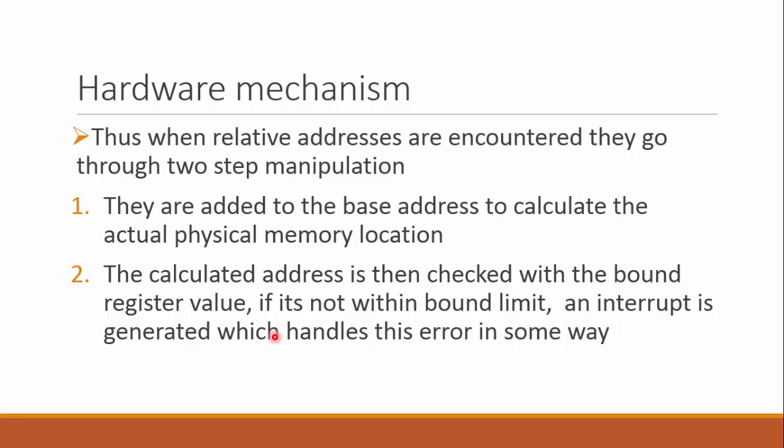If it is within the bounds allowed for that program, it is given a location and everything runs successfully. But if it is out of bounds, an interrupt is generated, and that interrupt is handled in some way, as programmed by the user or OS. So the address is calculated by adding the relative address to the base address and checking it with the bound register.